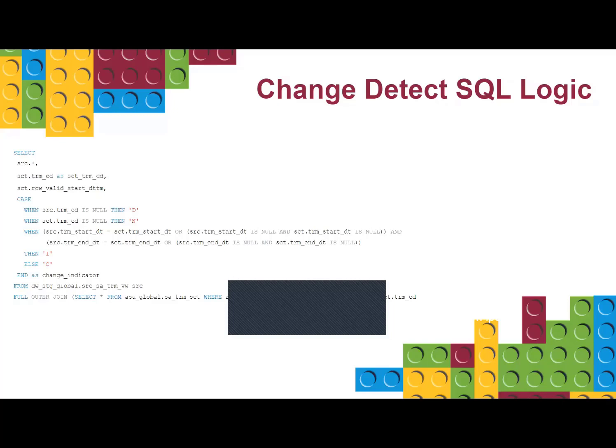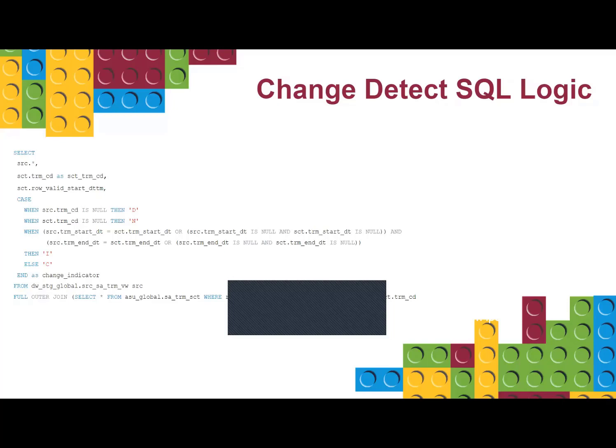And if you named both your inputs, your SCT and the source, to have the same column name, you can use the metadata to build out that third when condition, because it's going to go through potentially 40 different columns, and you really don't want to be writing that by hand.